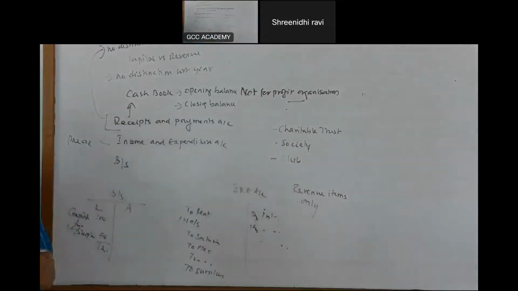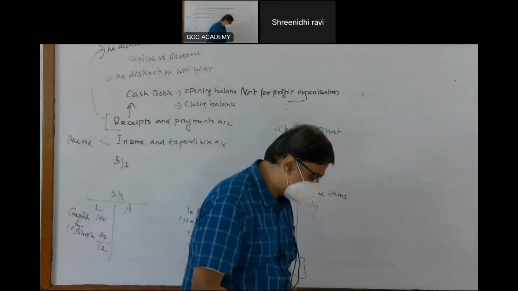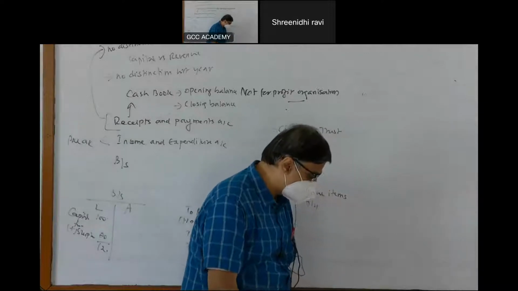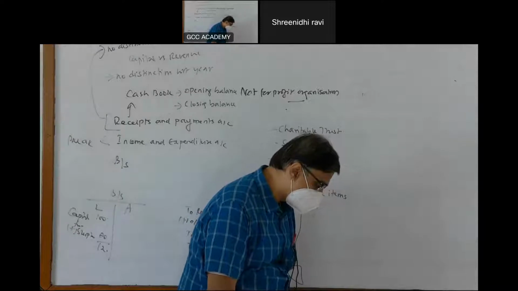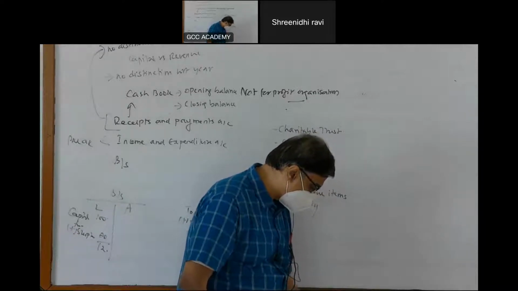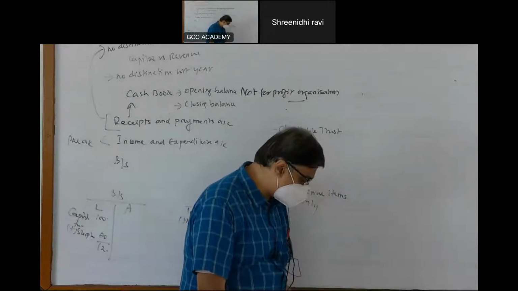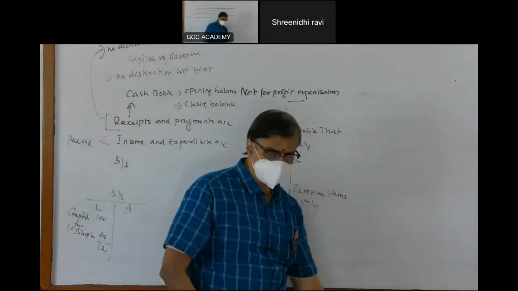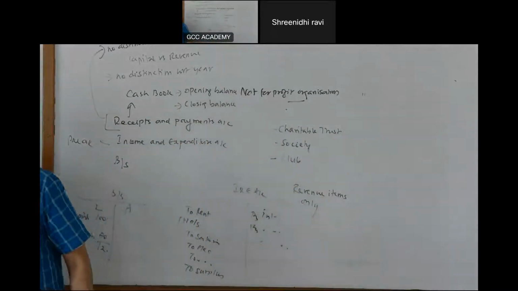So first, two things I want to give as notes. Okay, broadly I've given you what it is. First is the note on the receipts and payments account. Just a summary of the points. Receipts and payments account.